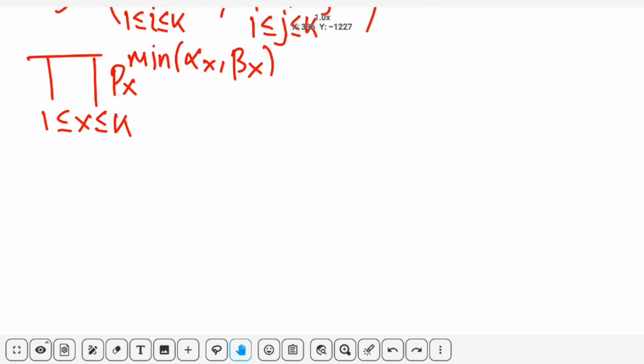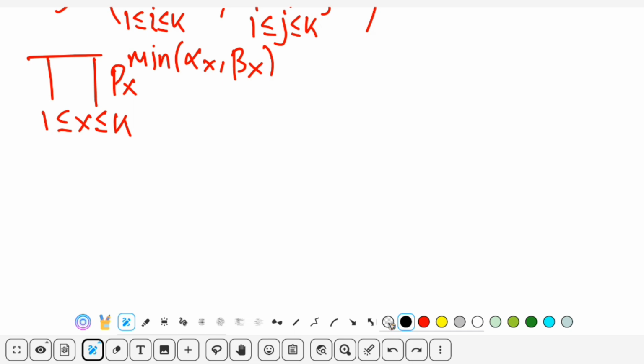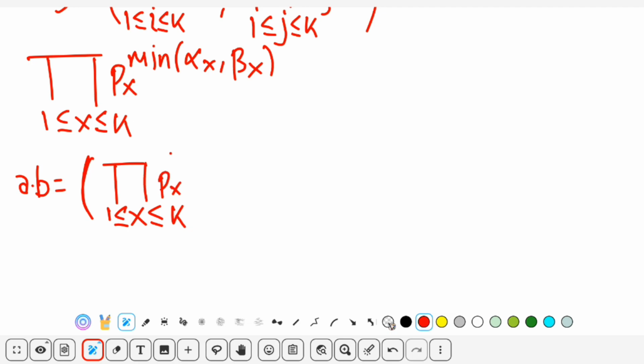Let's multiply them. A times B will be the product for 1 less than or equal to x less than or equal to k of px raised to the power of the maximum value.